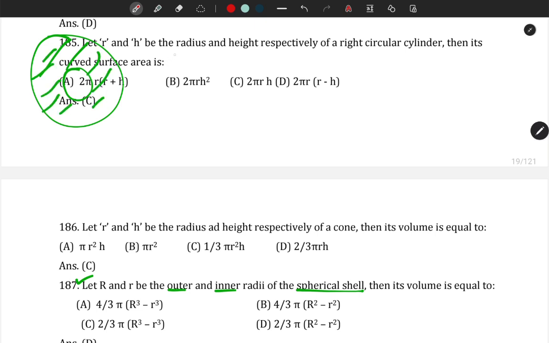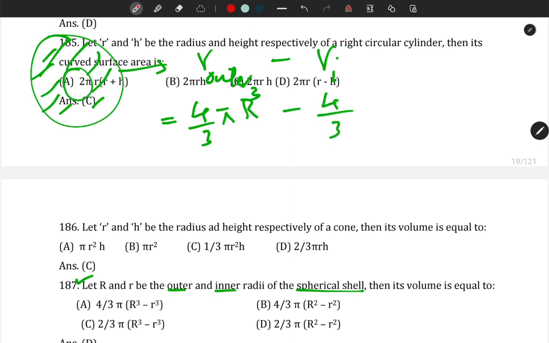To get the volume of the spherical shell, it should be equal to the outer volume minus the inner volume. So the outer volume will be using capital R. The volume of a sphere is 4 by 3 pi r cube. For outer we'll put capital R. And for the inner volume, the inner sphere, that small sphere inside the sphere, the radius is small r.